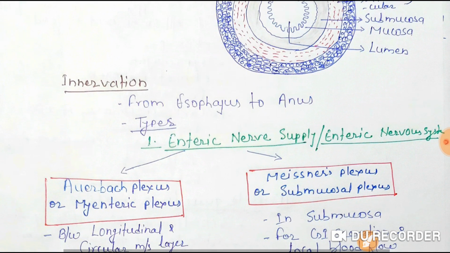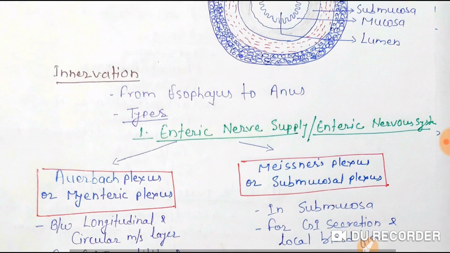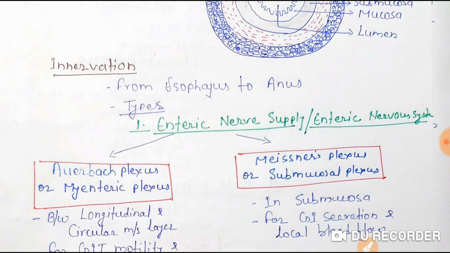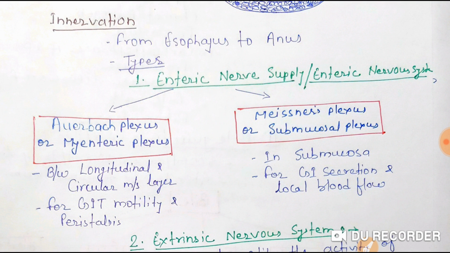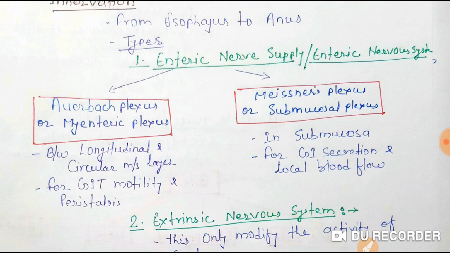Then the innervation of the GIT system from the esophagus to the anus. The type of nerve supply here is the enteric nervous system. This is of two types. First is the Auerbach plexus, also known as the myenteric plexus, and the Meissner plexus or submucosal plexus.